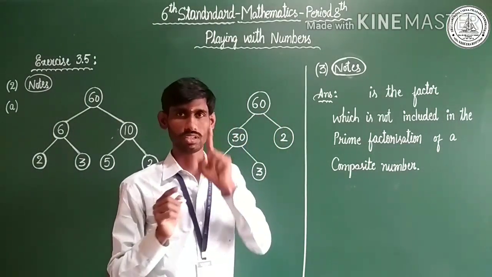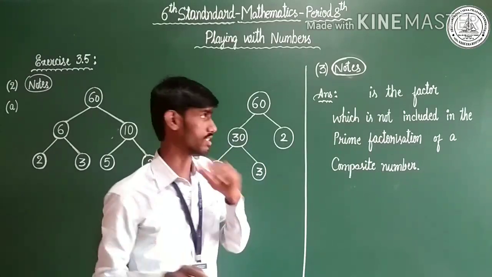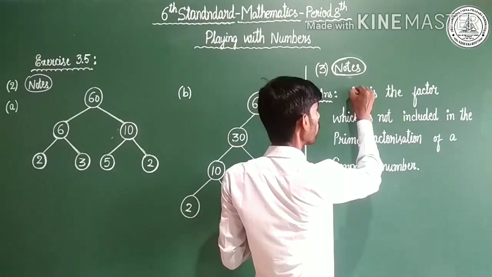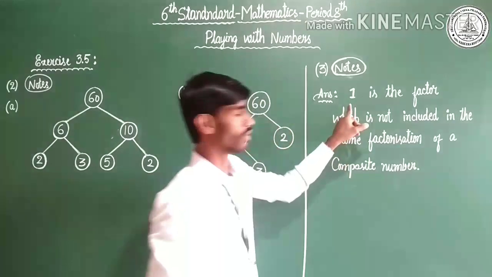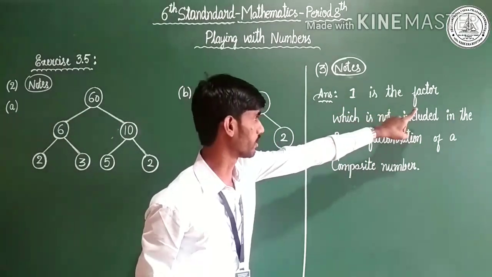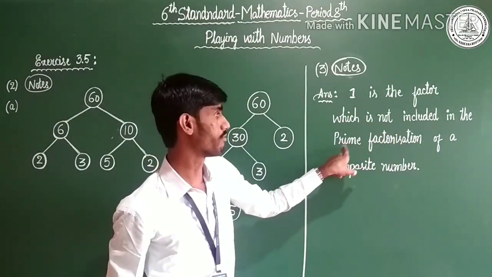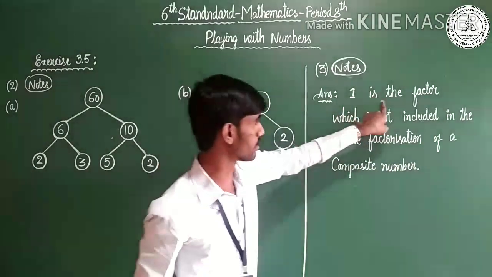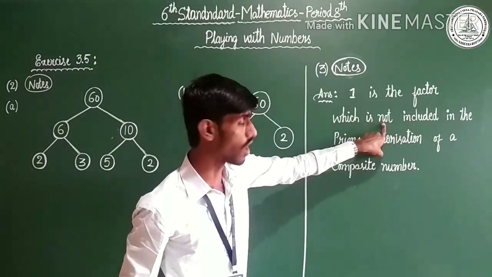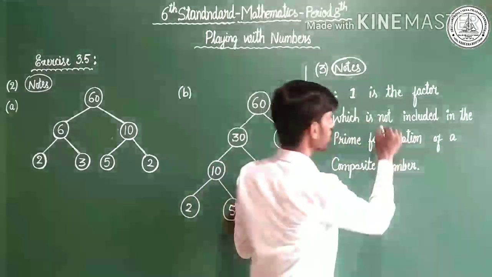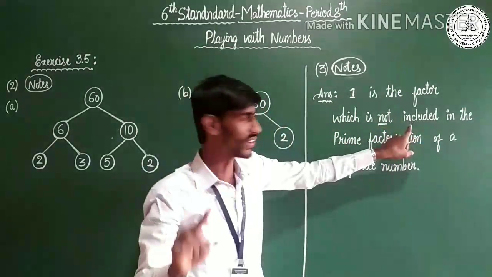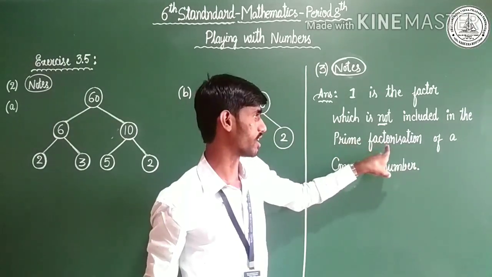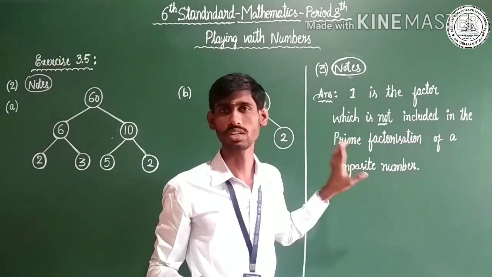The factor 1. The factors start from 1, but 1 is not included in the prime factorization of a composite number. Very important: 1 is the factor which is not included in the prime factorization of a composite number.